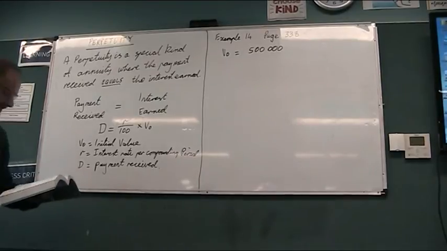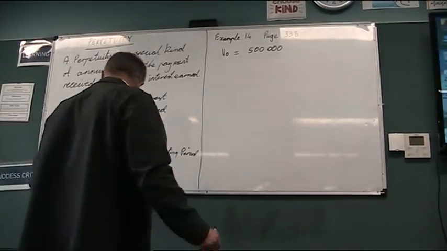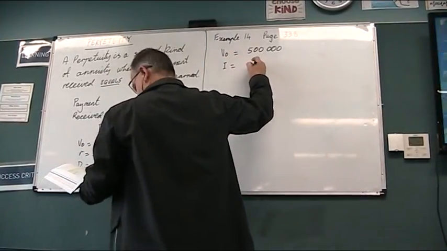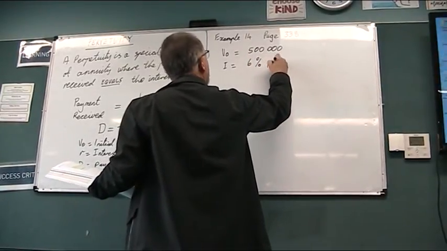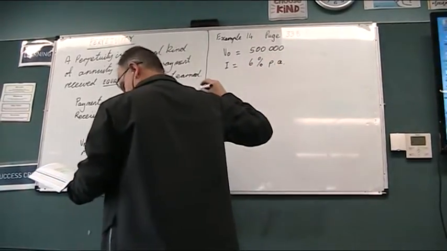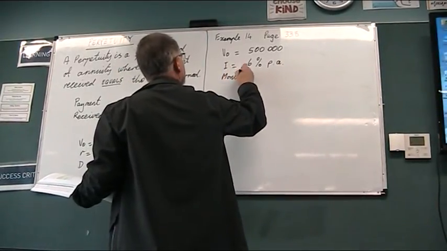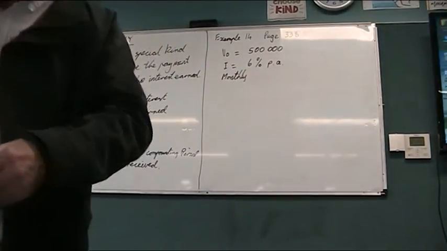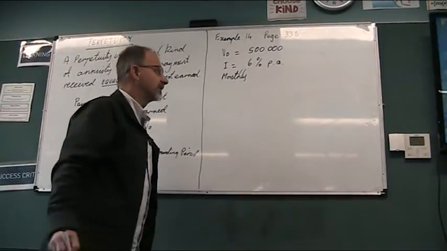Just kind of doubling up there because that's what a perpetuity is. The effective rate of the perpetuity is 6% per annum, and we've got monthly payments. Okay, and we now want to know what she's going to receive.